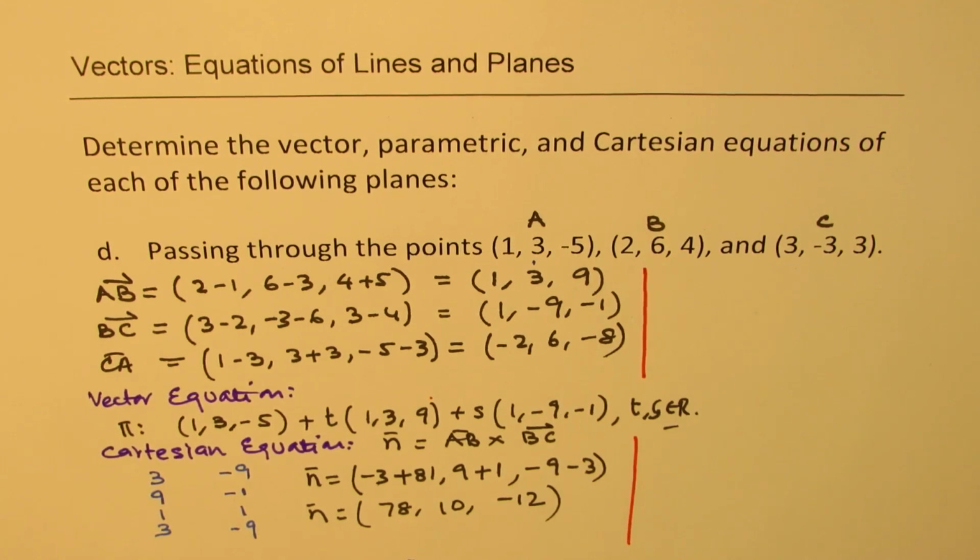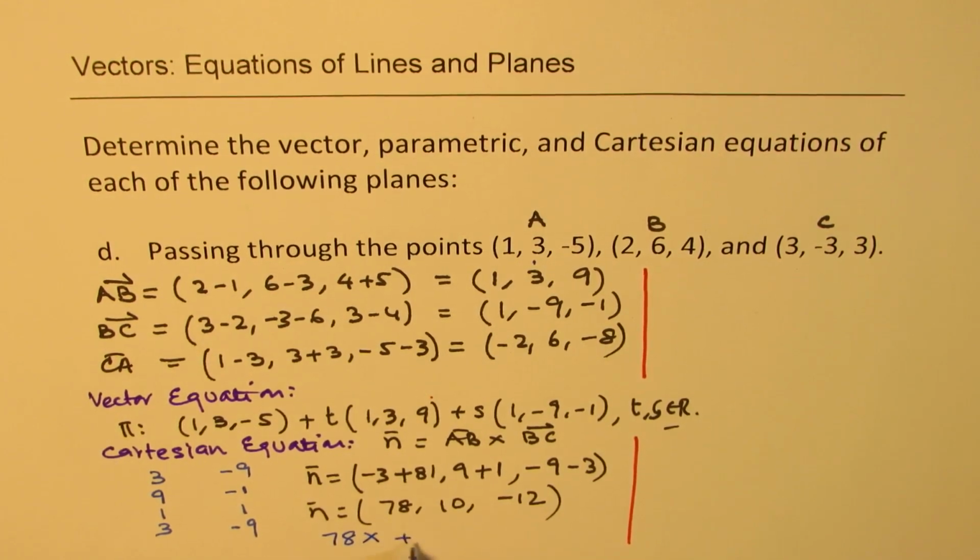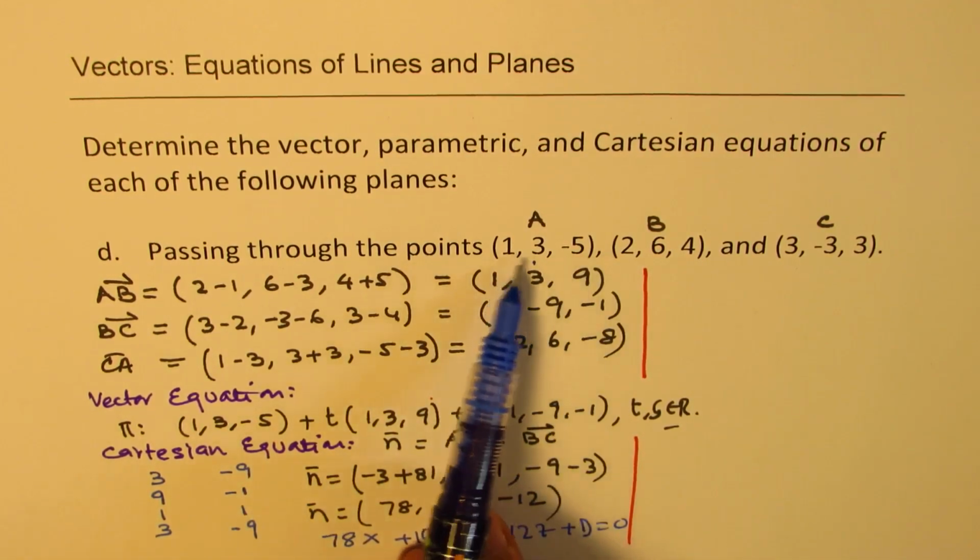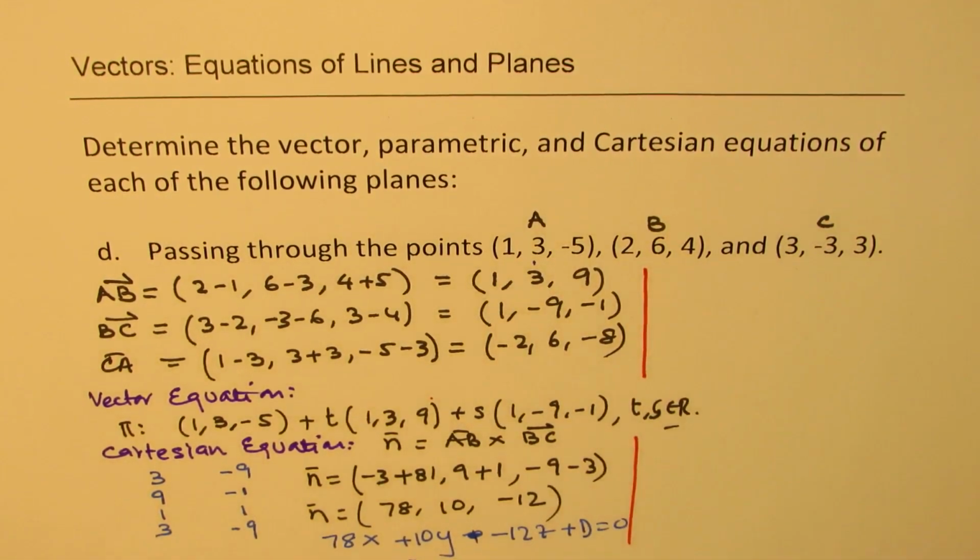Let's change the ink also. So we get the equation as 78x plus 10y minus 12z plus d equals 0. To find the value of d, we could use one of our points. We'll use the same point, 1, 3, minus 5. We are going to use the point A. Let's substitute it in the given equation.